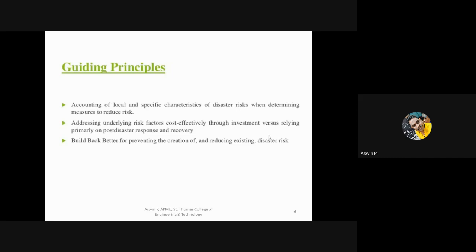And also, the 10th point explains addressing underlying risk factors cost effectively through investment versus relying primarily on post disaster response and recovery.